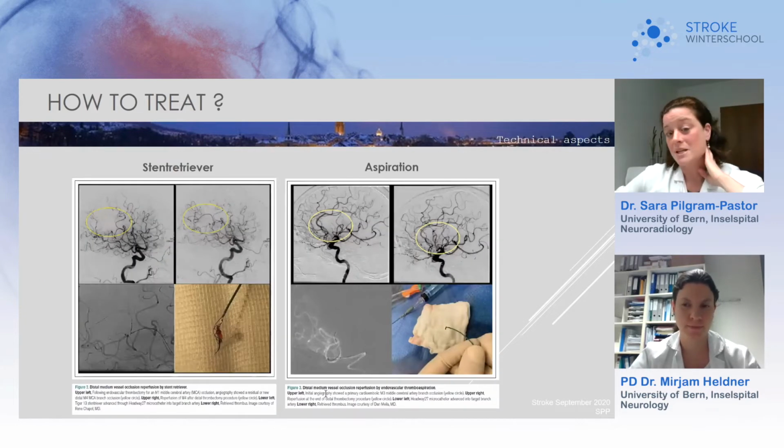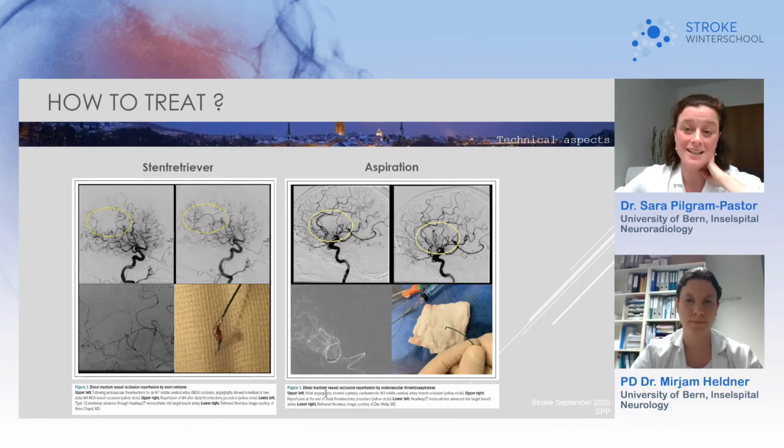When you do thrombectomy, even distally or proximally, we are always talking about stent retriever as well as aspiration. There is not a technique superior to the other. I personally have more experience with stent retrievers and with aspiration, but my colleagues tend to do both. It's just an example for both techniques here.